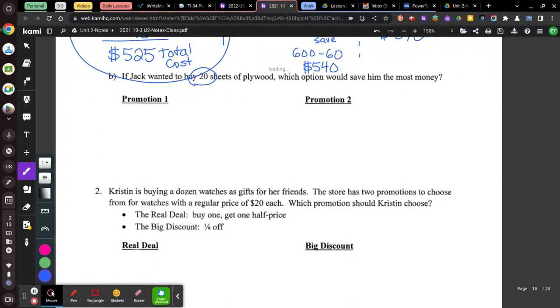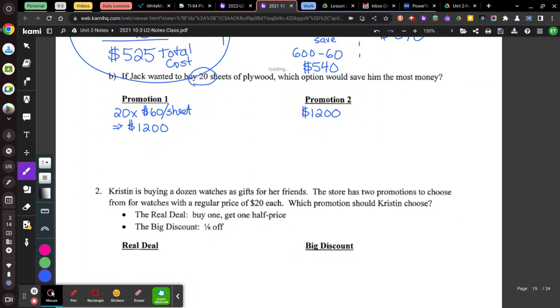Okay, now he needs 20 sheets of plywood. Is it going to change which is cheaper? You might be surprised. So now we have 20 sheets times $60 per sheet. And that's going to give us a cost of $1,200. So I know my cost over here is starting with $1,200.